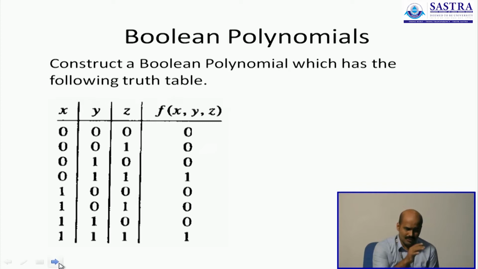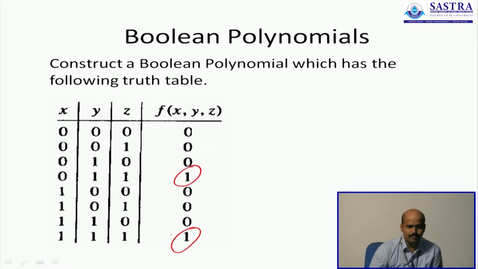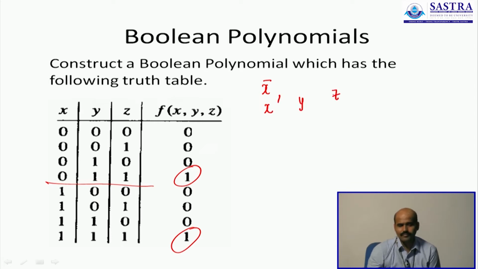The truth table of some polynomial here has these as its observations. Now where do you find 1? I find 1 here, I find 1 here. So converting them into the polynomial expression demands identifying the variables in their states. So I have x bar or x dash with y and z as they are.